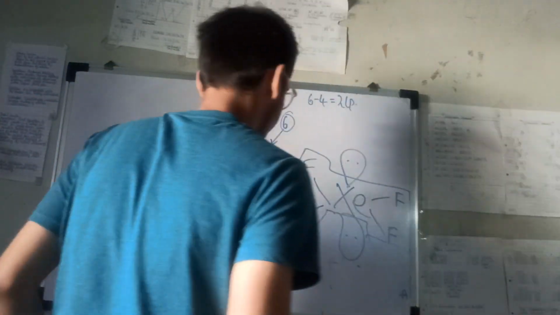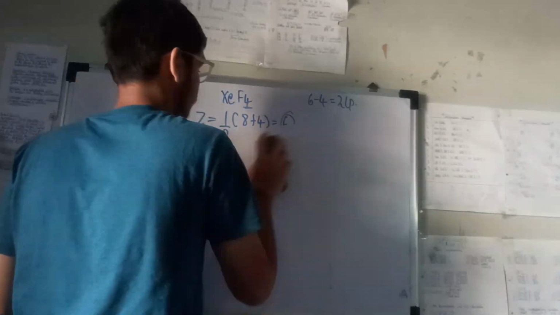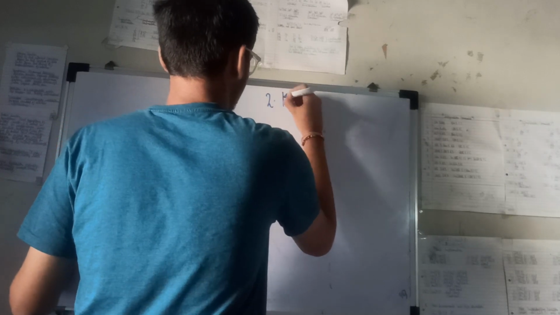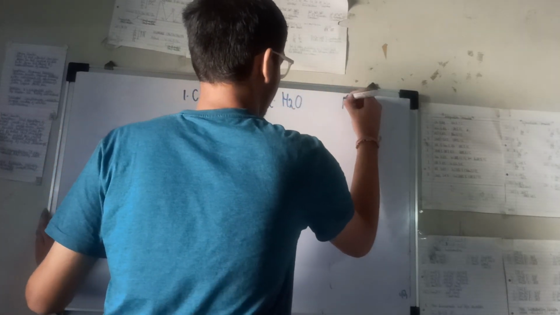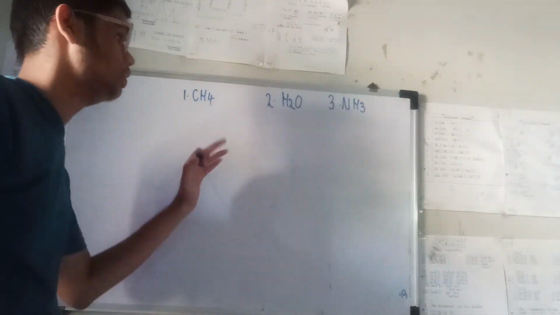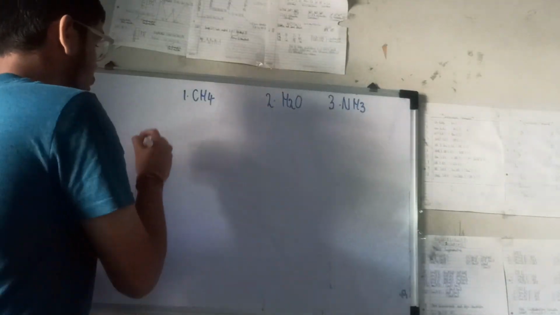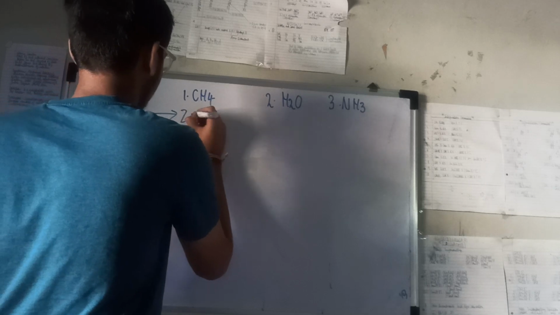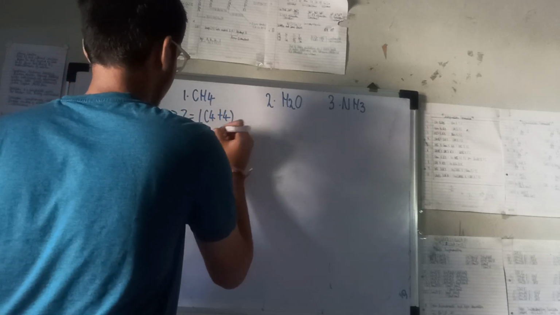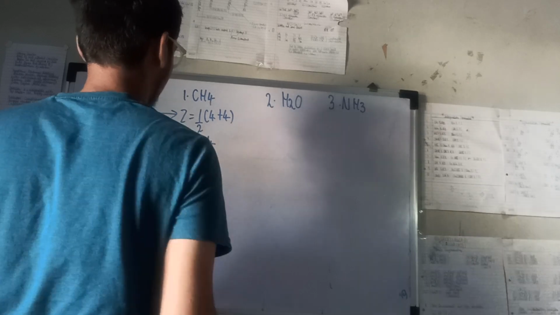Another example. This is for you to solve: CH4, H2O, NH3. Tell me the shapes of these three molecules. First let's calculate Z. Half, 4 plus 4, 8. Z is equal to 4.